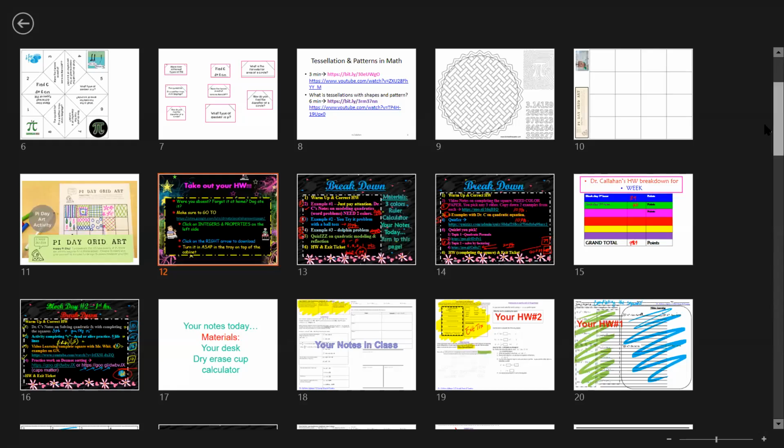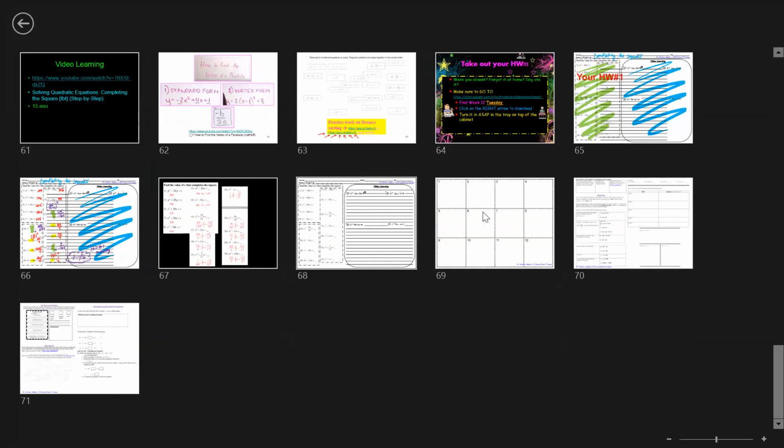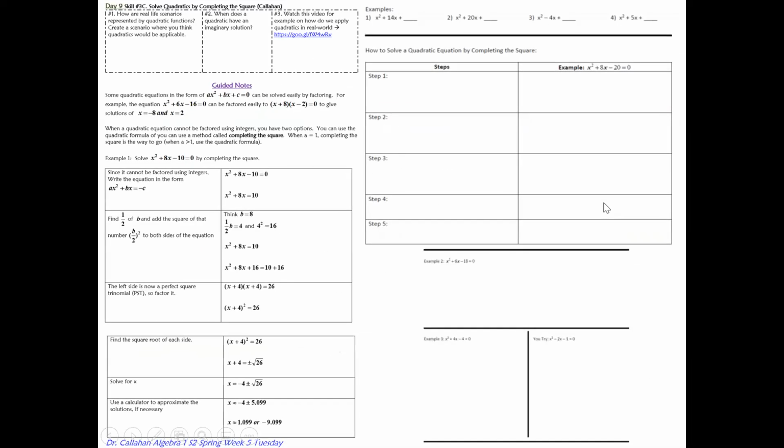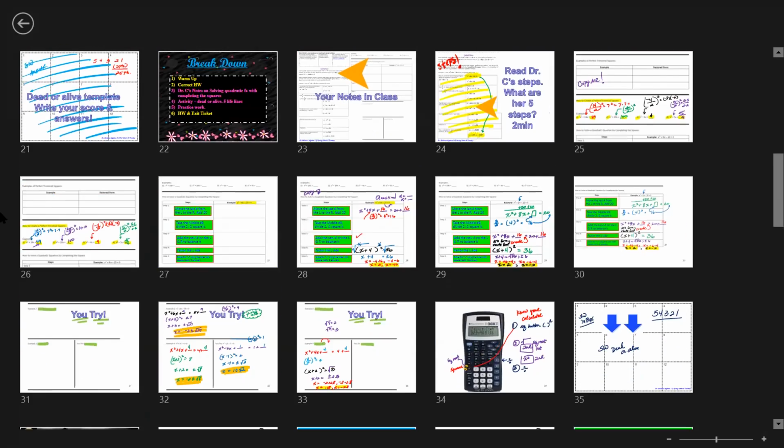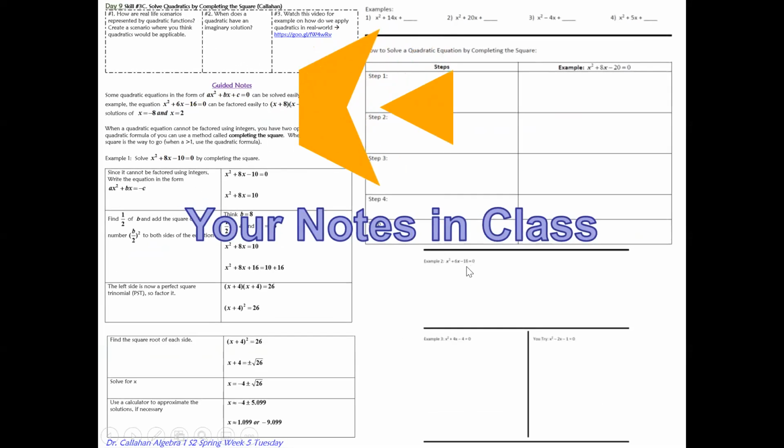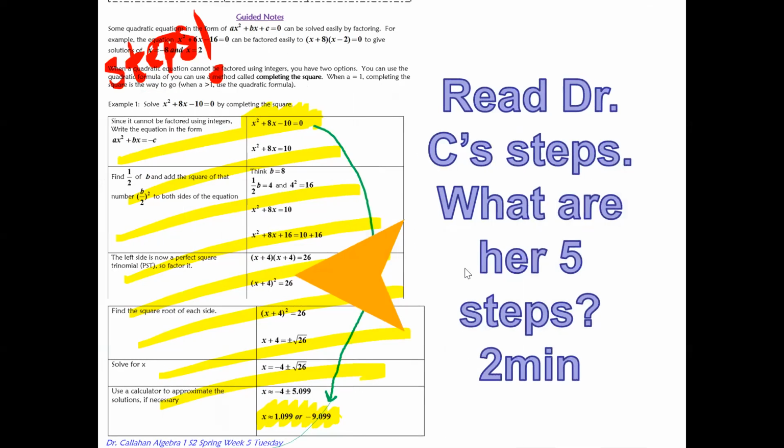Okay, so let's go ahead and take a look at your notes for today. So I want you guys to turn over to Week 10 Monday, which is this page right here. And I want to go over this. All right, so first I'm going to have you guys do is go ahead and read my steps and what are my 5 steps to solving by completing the square.